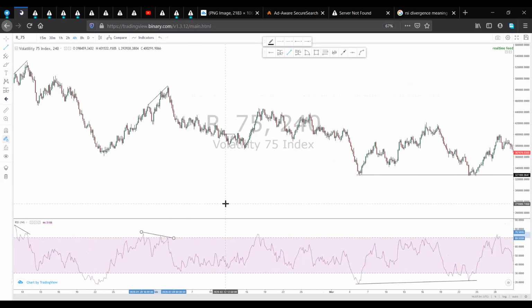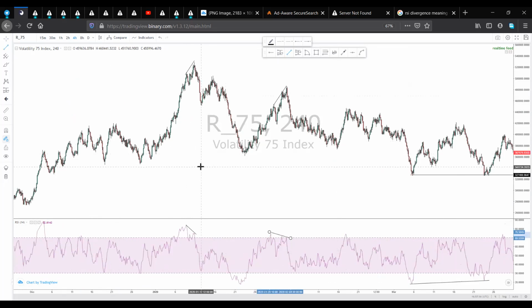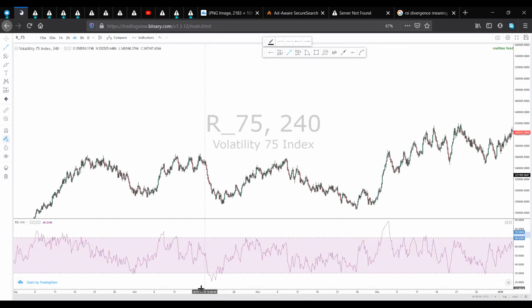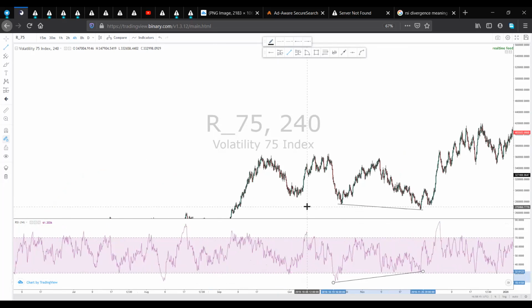Okay, that's how we are looking for the divergence. And mind, we can get this big one like this one, but for me, I like to scalp with this strategy. So you can see the market is going down, but here the market is going up. So this is a kind of divergence.